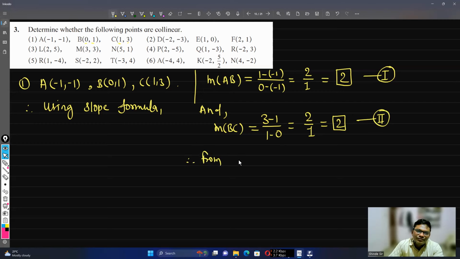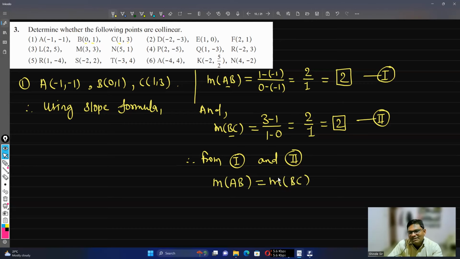Therefore, from statement number 1 and 2, we can say that the slope of AB is equal to slope of BC, since the right sides of these statements are showing the same number. So left hand sides are also same. Since the slopes of two segments formed by these 3 points are equal, they must be collinear.